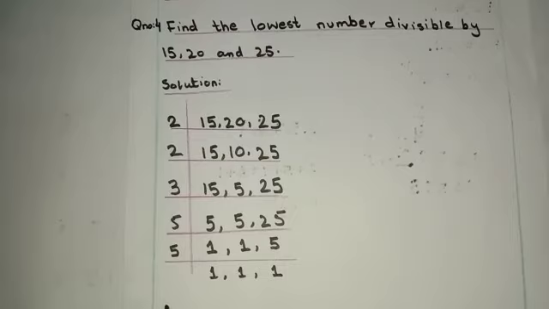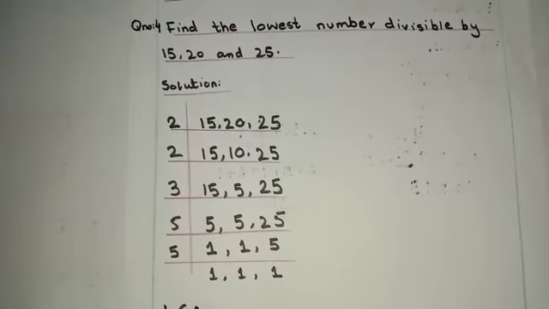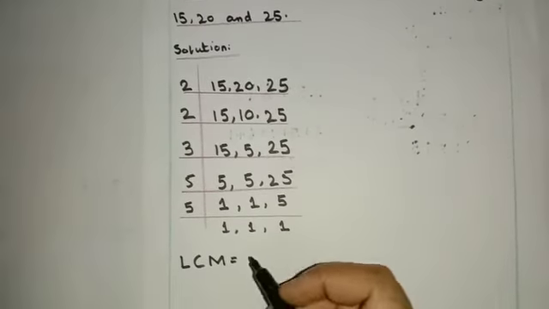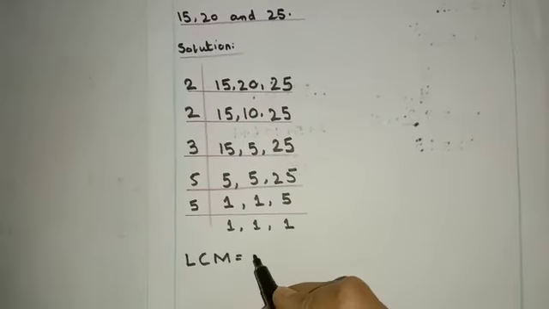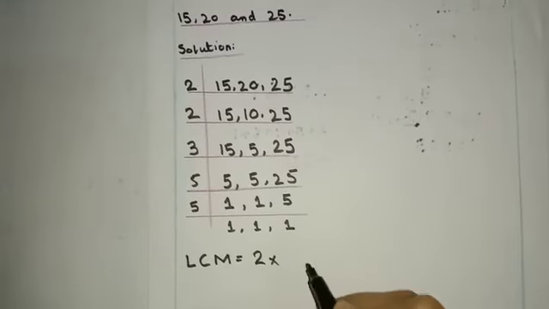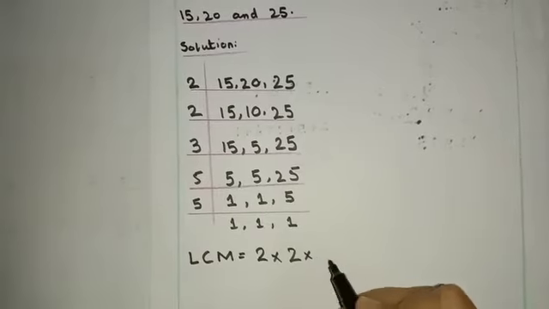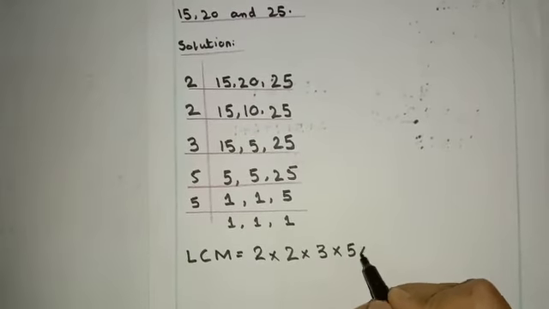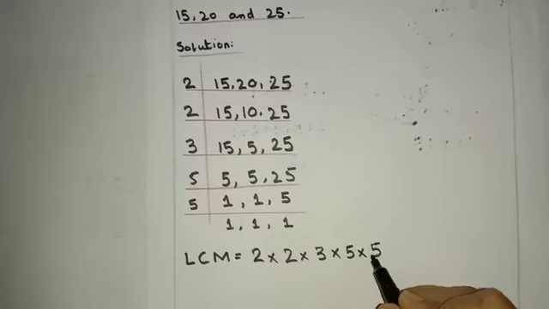Now for LCM, you know that LCM is the product of all the given prime factors. So 2 multiplied by 2 multiplied by 3 multiplied by 5 multiplied by 5.